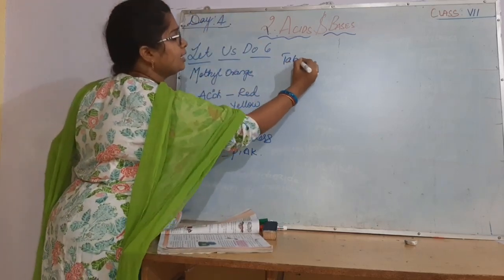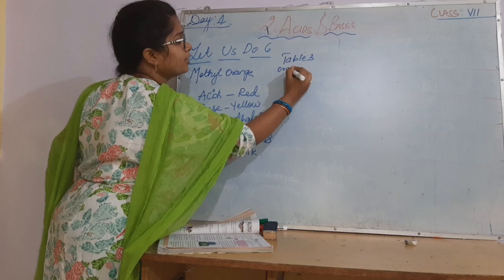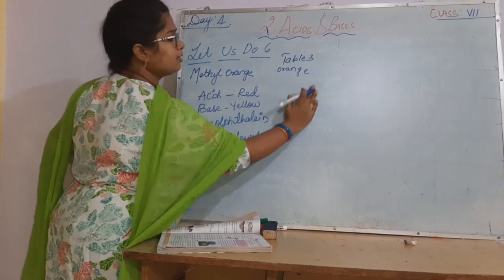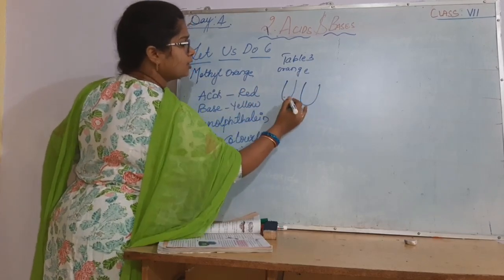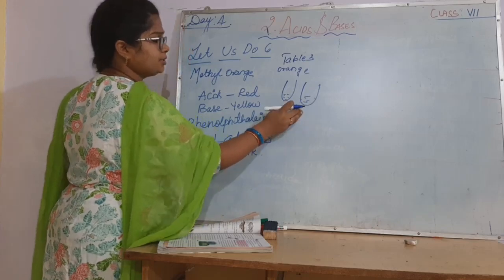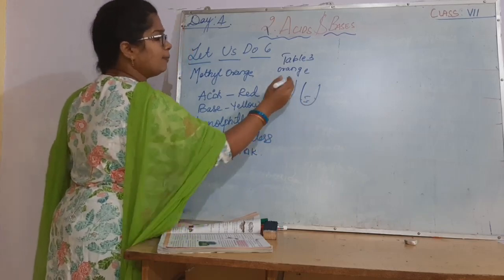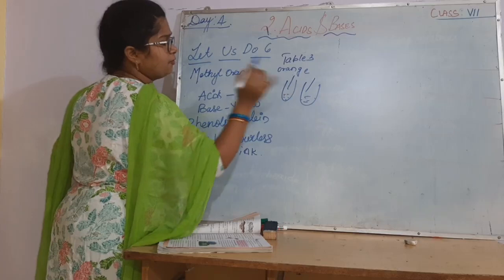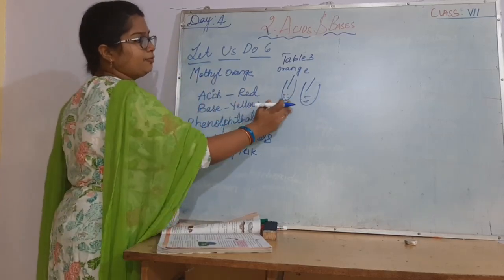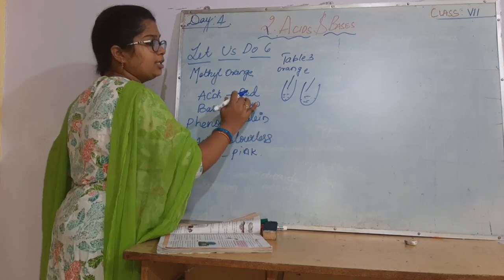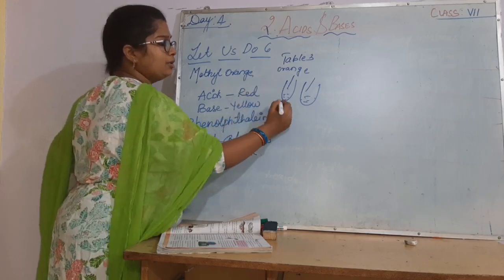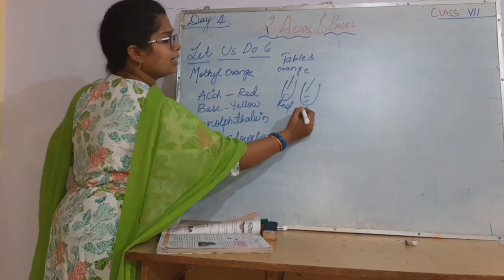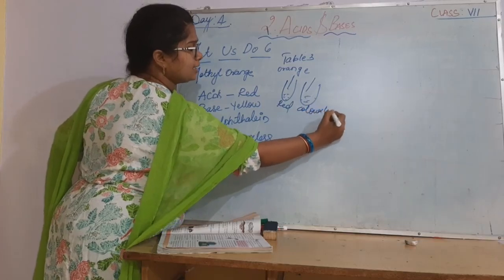Let's say orange juice: you take it in two test tubes. Add one drop of methyl orange, or four drops you can say, and four drops of phenolphthalein solution. As you know already, orange is sour to taste, it is acidic in nature. So it turns methyl orange to red color, and phenolphthalein solution remains colorless in the case of acids.